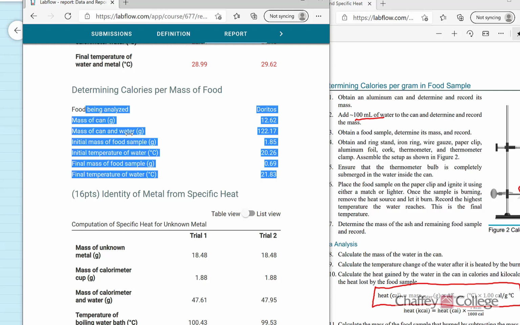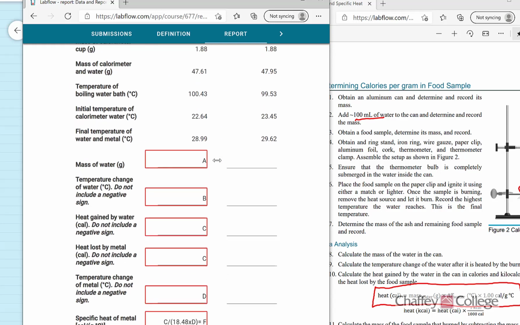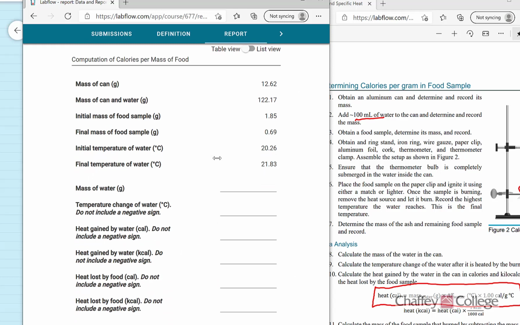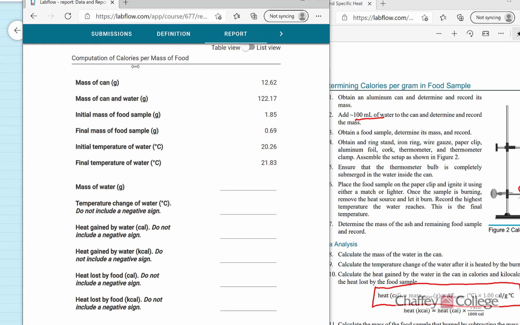Now we need to use these values to calculate the calories stored in this food sample. We will scroll down and find the calculation part for the calories per mass of food.